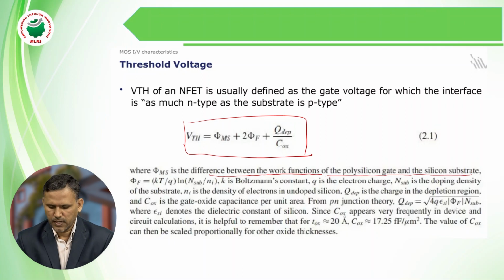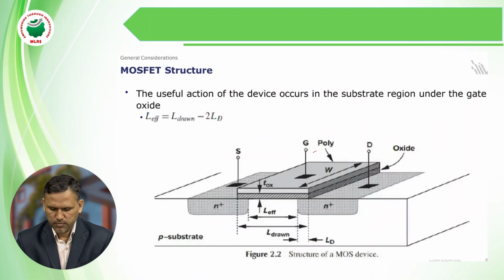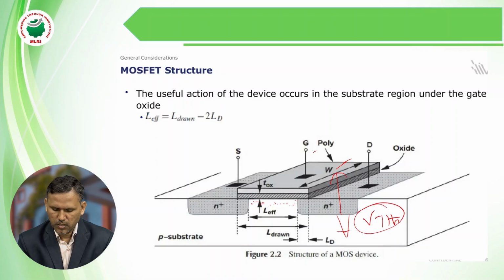You can observe the polysilicon area and the silicon substrate area, and between these two the channel is developed at a certain voltage, called VTH. This VTH is developed with respect to the work function between the polysilicon and the substrate, which is called phi MS.